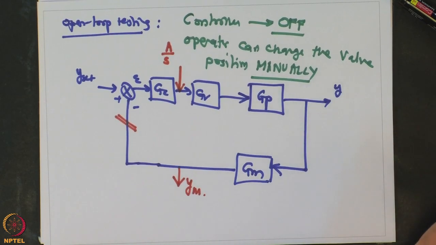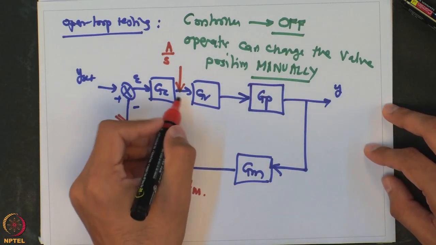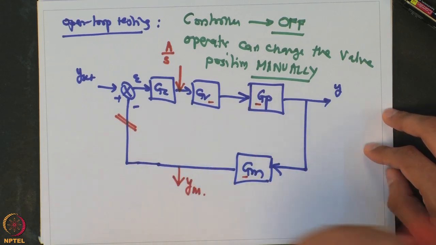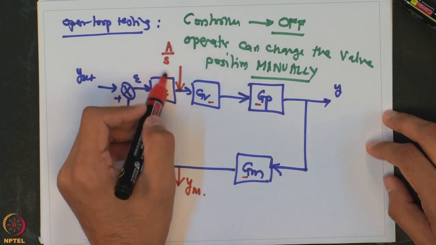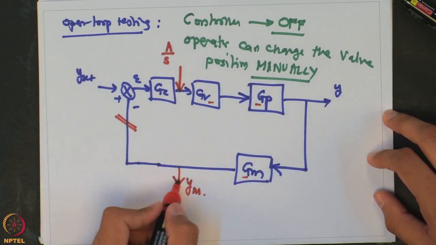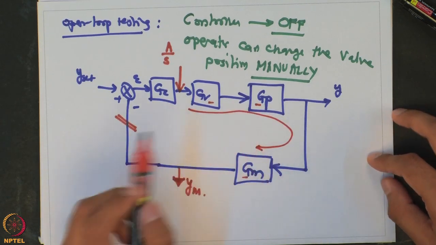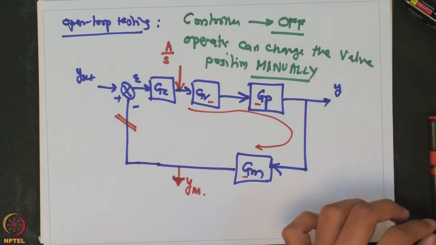That is what is done during open loop testing: you put the controller into off mode. So now the controller does not come into the analysis. All you are analyzing is the effect of the valve transfer function, process transfer function and measurement, and you are seeing, if you have a step change into the valve opening, how your output changes. So essentially what you are interested in is finding this entire transfer function. This transfer function is known as a process reaction curve.